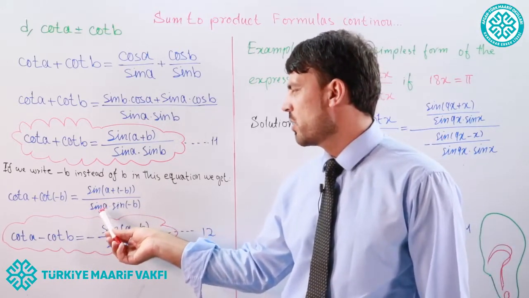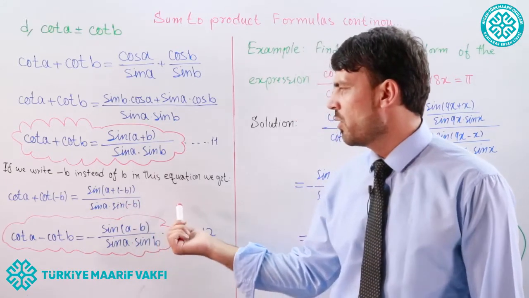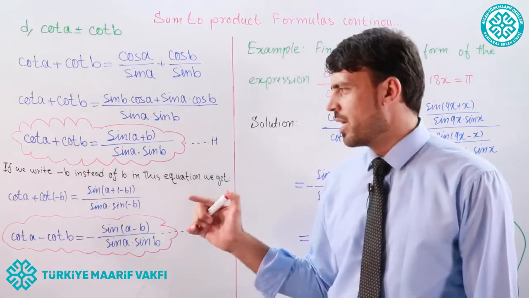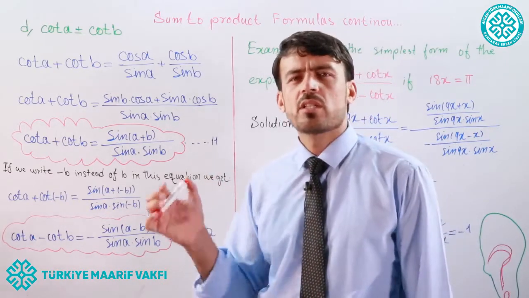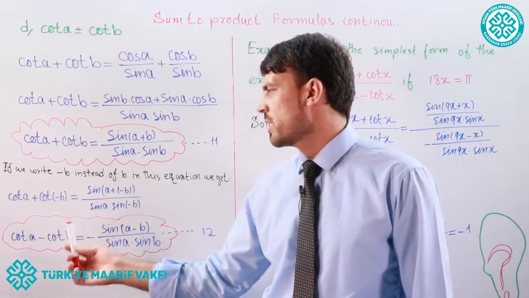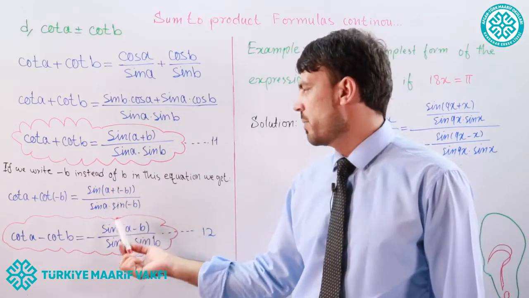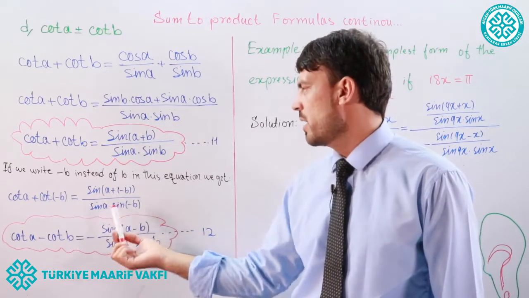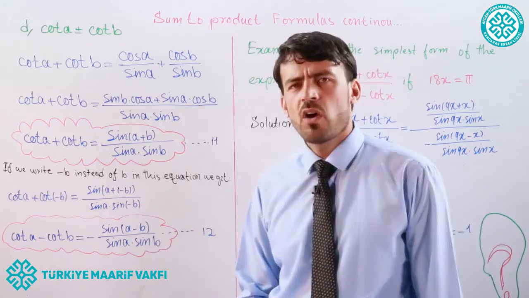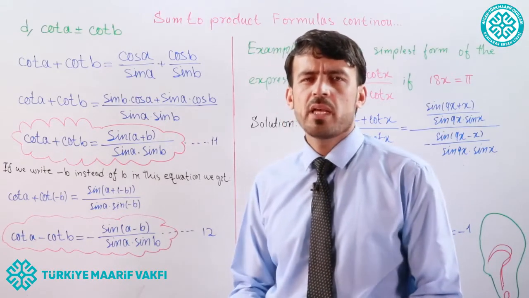So in the denominator, sine A multiplied by sine of minus B. We know that cotangent of a minus angle is equal to minus cotangent of that angle. So we are writing minus cotangent B, and in the numerator that will be sine of A minus B. And we know that a negative angle lies in the fourth quadrant.